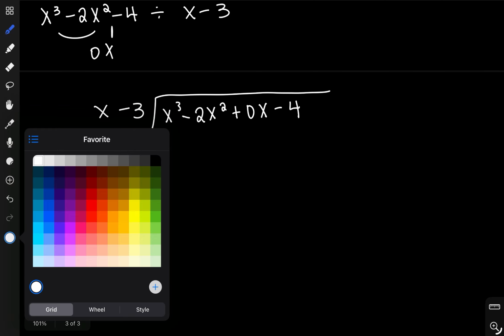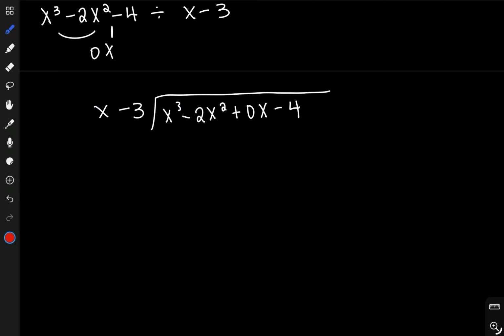We have first terms, x to the third over x is equal to x squared. 3 minus 1 equal to 2, okay? And since x squared, we're going to put on top x squared. I'm going to move it down.